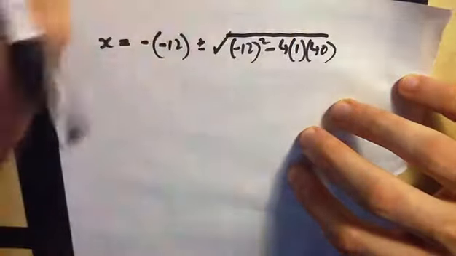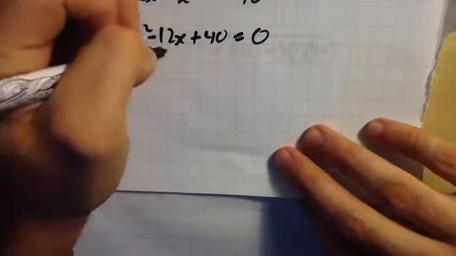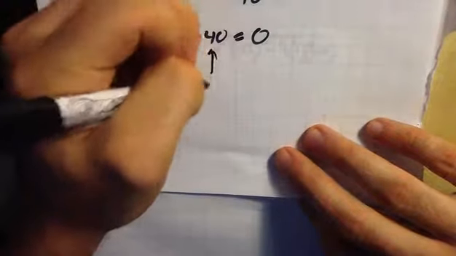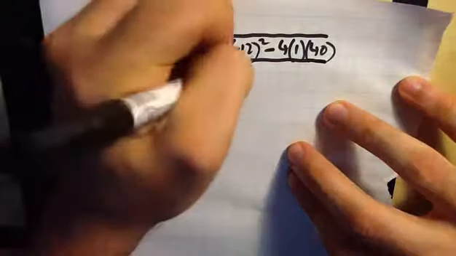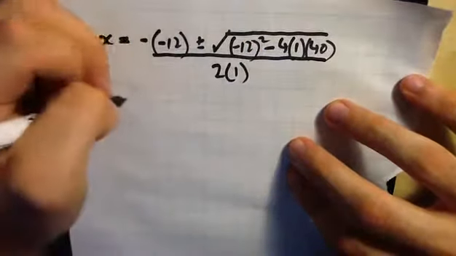I'm getting that from this equation here, that's a, b, and c. And that is all over 2 times a.